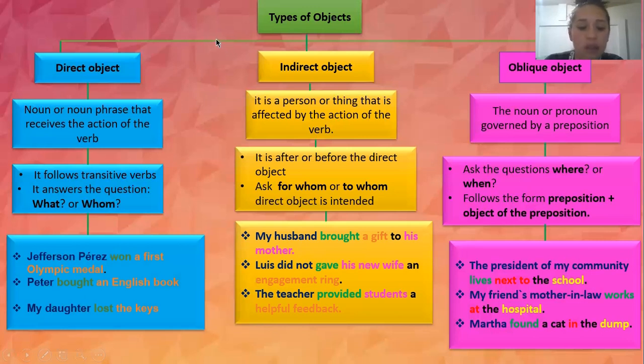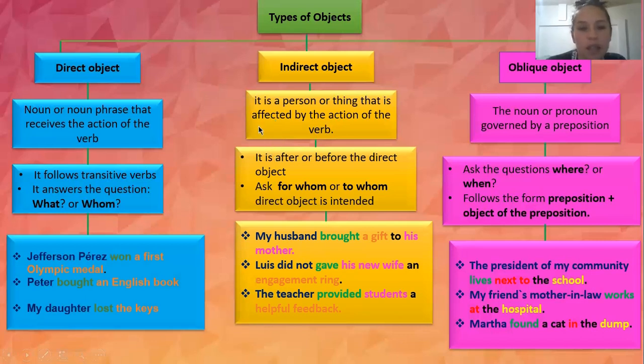Since to have an indirect object in a sentence, there must first be a direct object. That also means that only transitive verbs can have an indirect object.